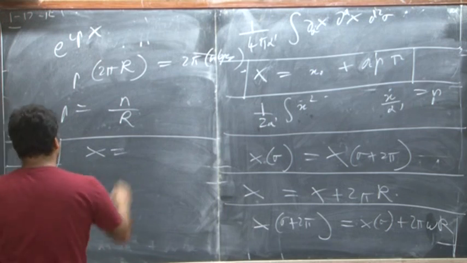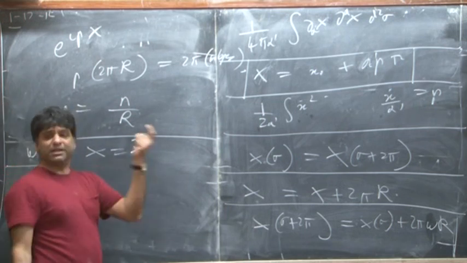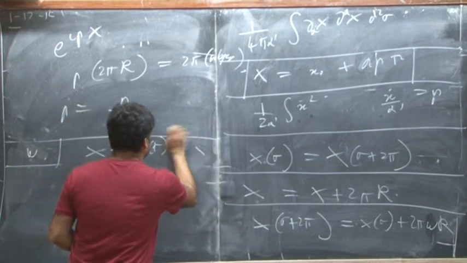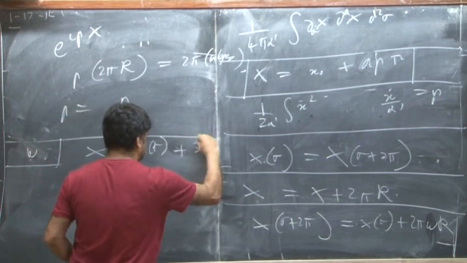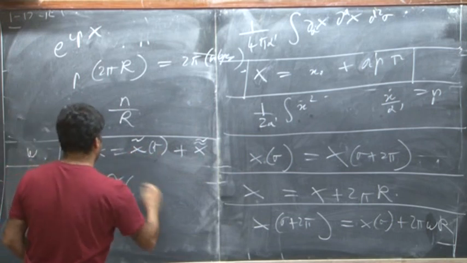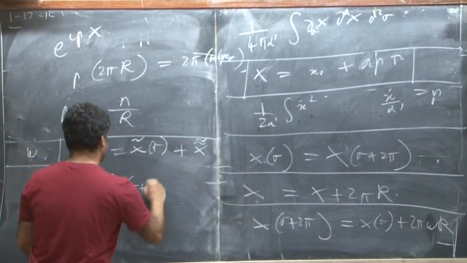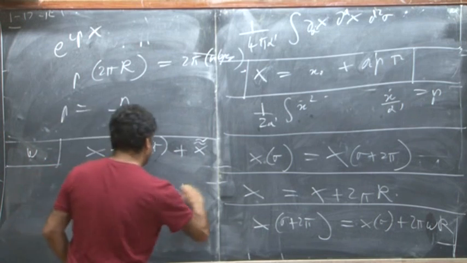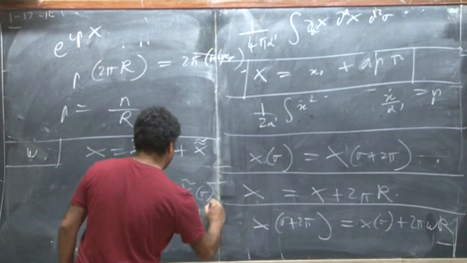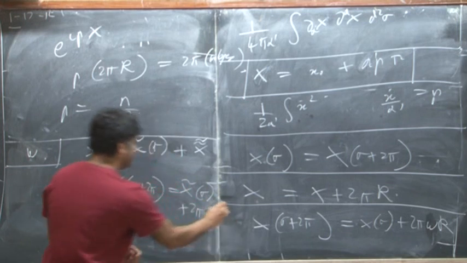Suppose I choose some particular configuration such that x of sigma plus 2 pi is equal to x of sigma plus 2 pi W r.